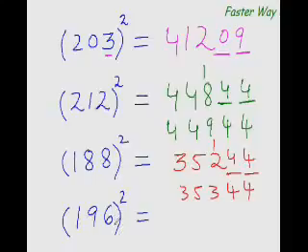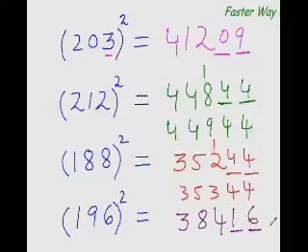So immediately subtract that 4 from 196. It would be 192, and twice of 192 would be 384. Now two more places to go. So just put the square of 4, that is 16, and that's your answer.